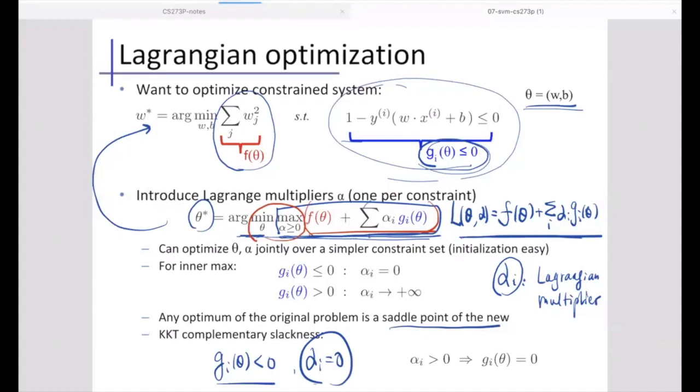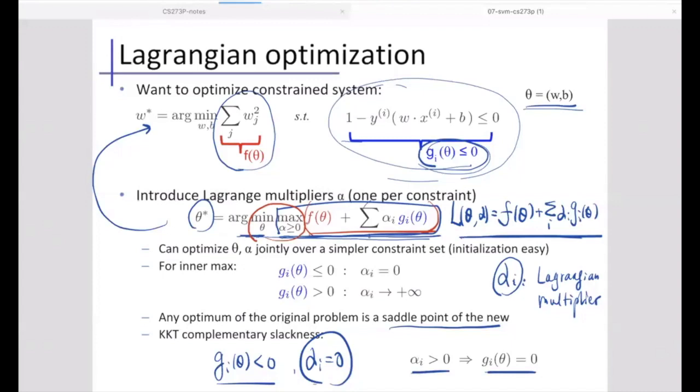And this is something called complementary slackness. If your g sub i is negative, then alpha sub i is 0. On the other hand, if your alpha sub i is positive, then g sub i has to be equal to 0.